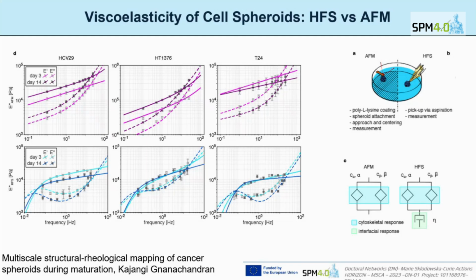So at very low frequencies, the system behaves more fluid-like, then solid-like, and again fluid-like. To fit this data, for AFM data we were fitting a double power law, while for HFS data, this model had to be modified by adding one of the dashpots.